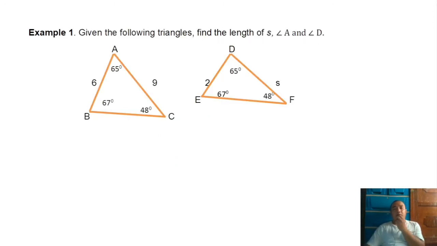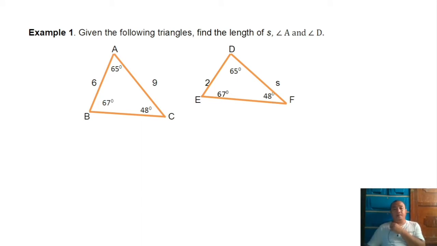Sample 1. Given the following triangles, find the length of S, angle A, and angle D. So in the figure, you can see all the corresponding angles are equal. Angle A 65, angle D 65, angle B 67, angle E 67, angle C 48 degrees, angle F 48 degrees.